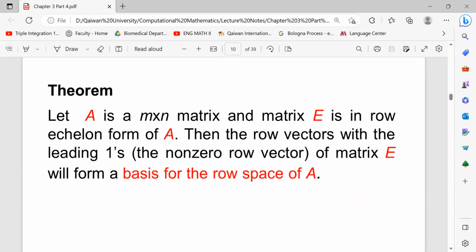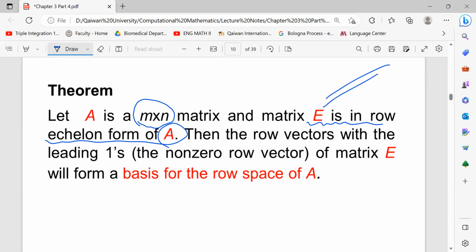We say let A be a matrix M by N. So here we have M rows and N columns. And matrix E is the reduced row echelon form of A. Matrix E is the matrix that we get by reducing matrix A to reduced row echelon form. Okay?